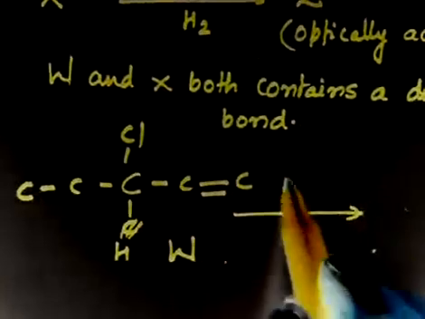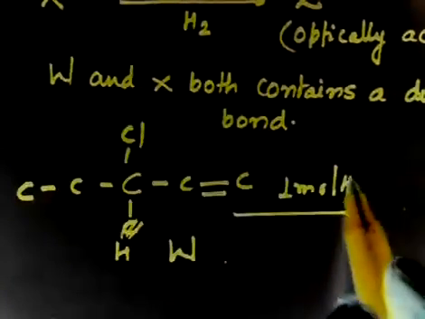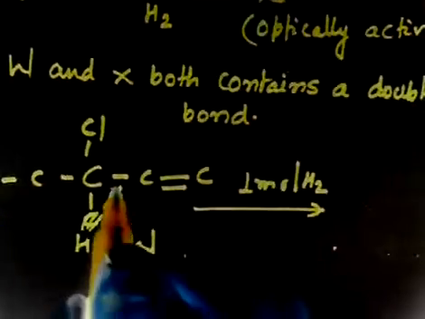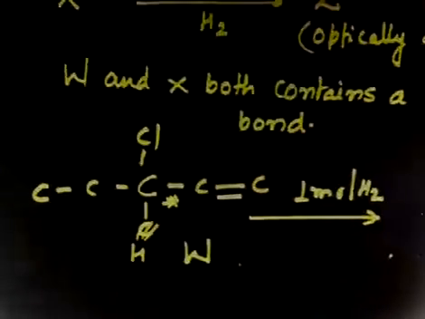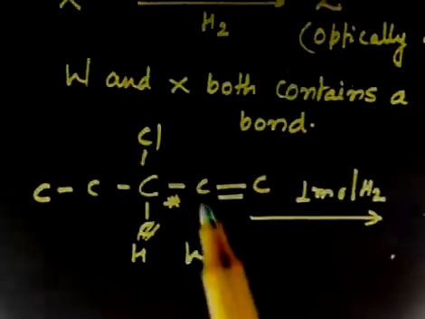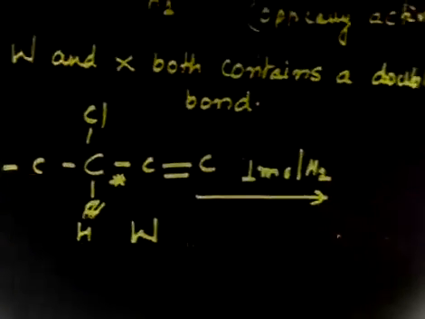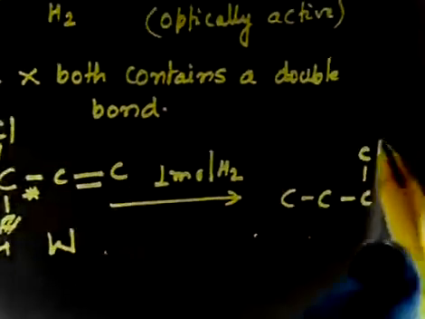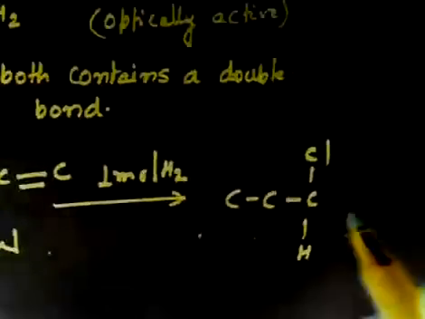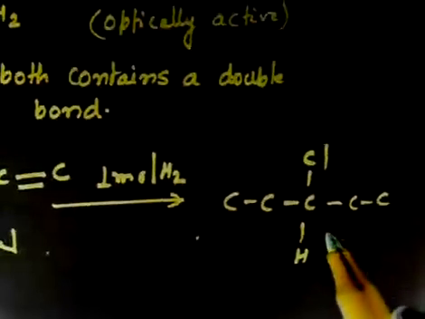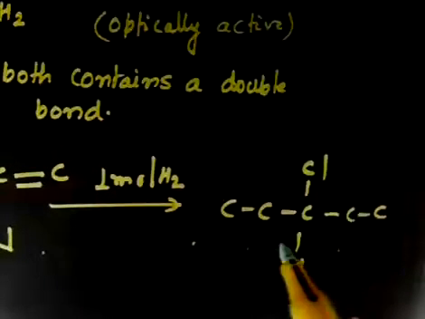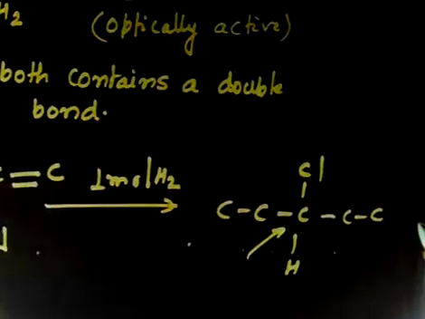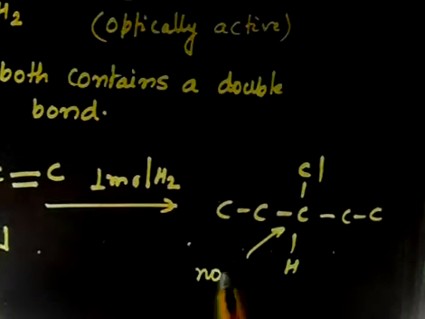And if you add 1 mole of hydrogen, what will you have? This compound. Before, this carbon is a chiral carbon, because you have Cl, H, and this side is a different group, and this side is a different group. Now if you add 1 mole of hydrogen, this becomes Cl, H, and this side CH2CH3. Now this is not a chiral carbon, because this side is an ethyl group and this side is also a CH2CH3 group.